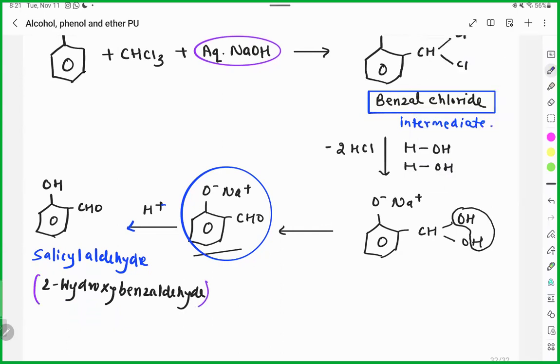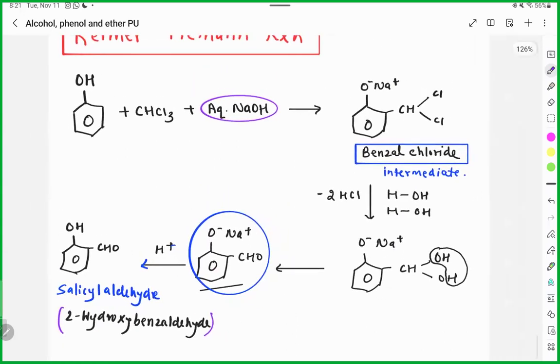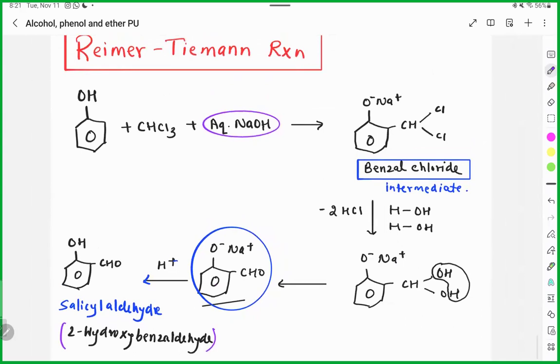Even I am surprised what is special about this reaction, but they always ask it in every exam, because this is one of the most popular ways to make salicylaldehyde. Salicylaldehyde is a popularly used compound.